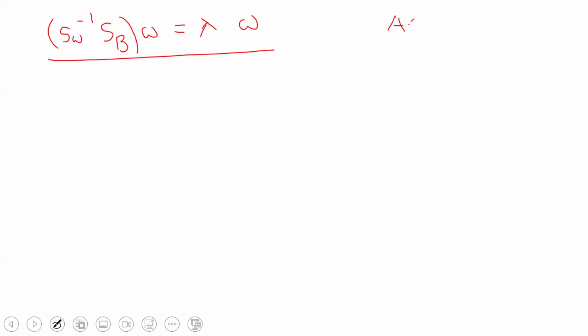Now we know AW is equal to lambda W. You know this equation. Where have you seen this equation? What is the equation that you have used to find out the eigenvectors?